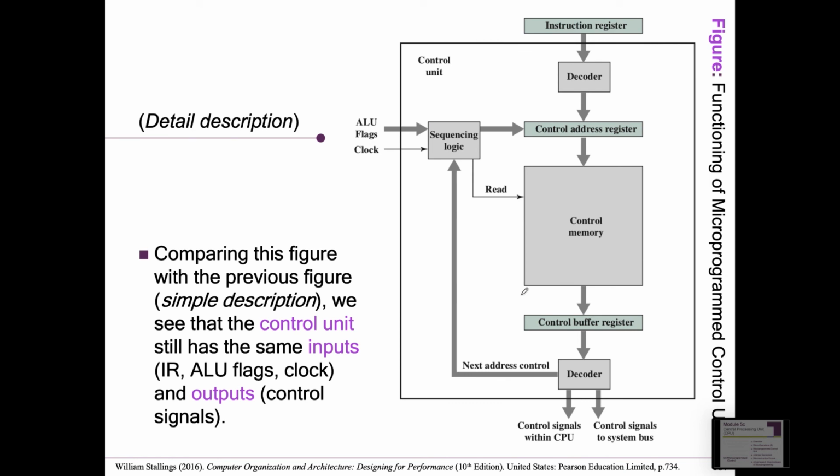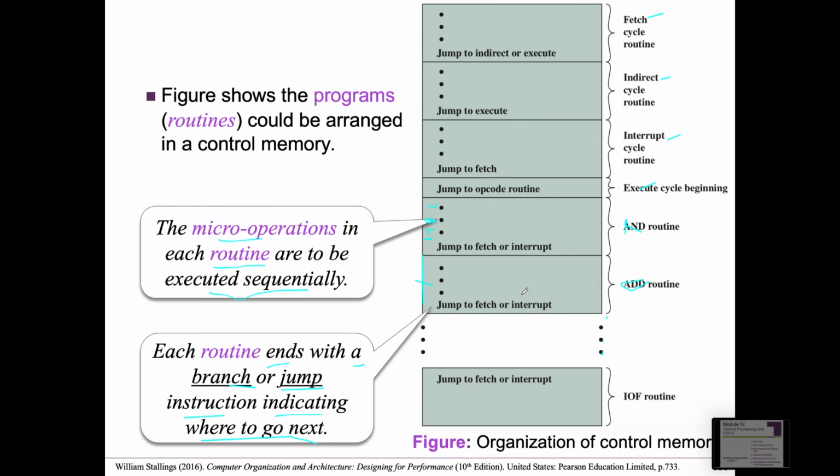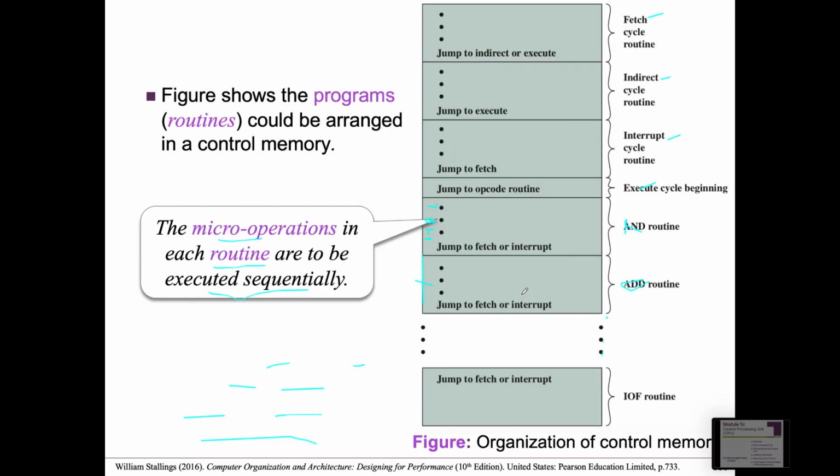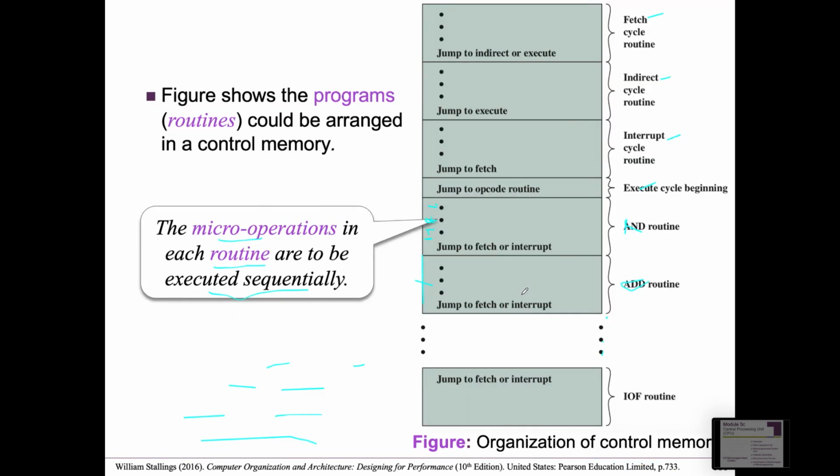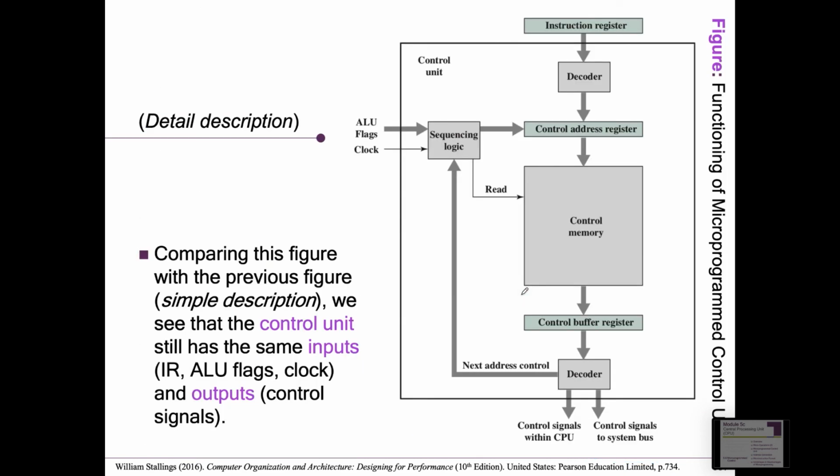Okay, comparing this picture with our previous one. It asks you to compare, which is a simple description. We see that the control unit still has the same input, which is IR, ALU flag, and control, and also output control signal. So you have the control memory inside your control unit.